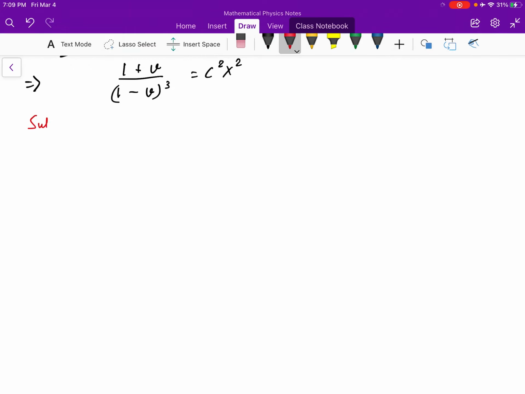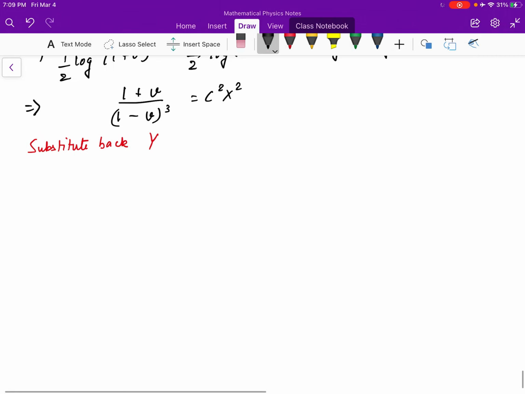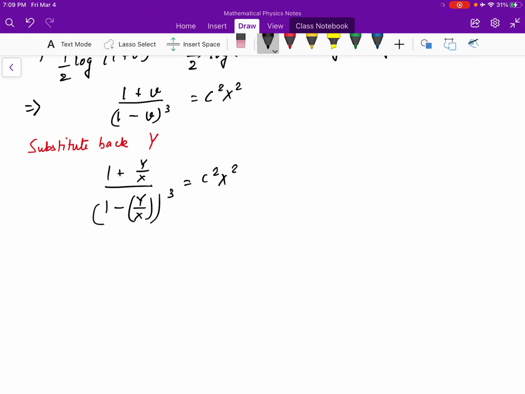We need to substitute back the expression of y. Substitute back y, and we get an expression that looks like (1 plus y upon x) over (1 minus y upon x) whole cubed. That is equal to c square x square.